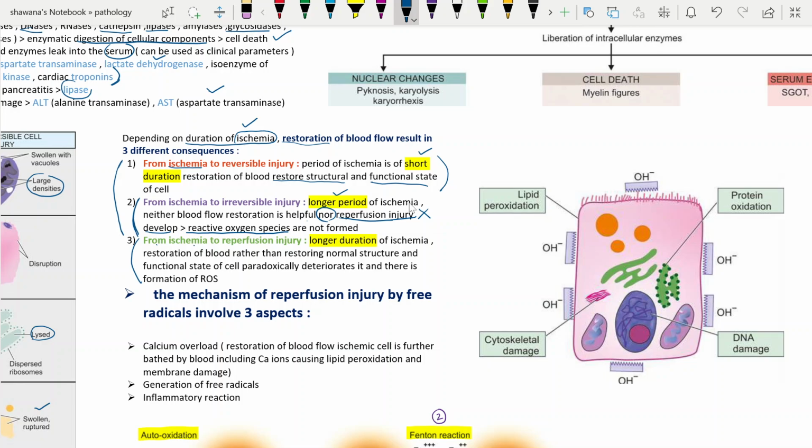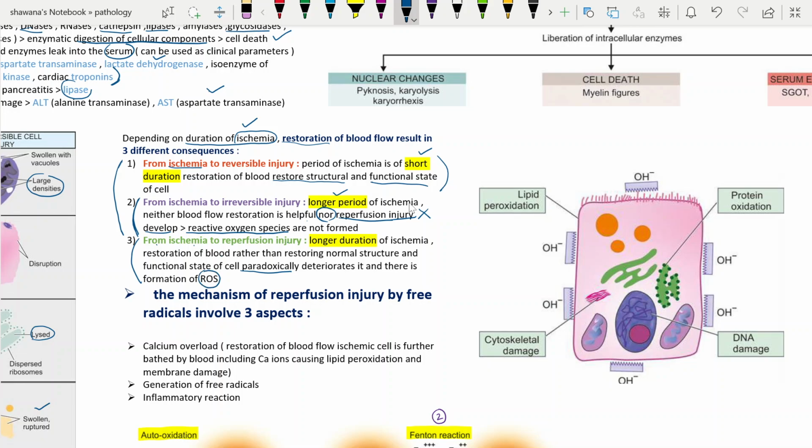The third is from ischemia to reperfusion injury: with a longer duration of ischemia, when the restoration of the blood occurs, rather than restoring the normal structure, it paradoxically causes the formation of reactive oxygen species.